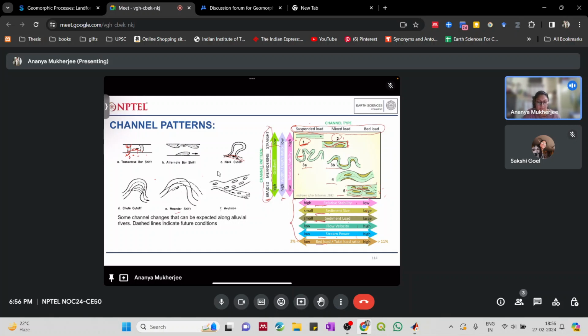Avulsion can happen when the channel abandons its main channel and starts flowing in a different direction. It can also happen as a consequence of any tectonic movements that might have taken place in that region.